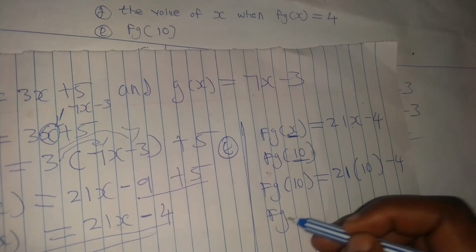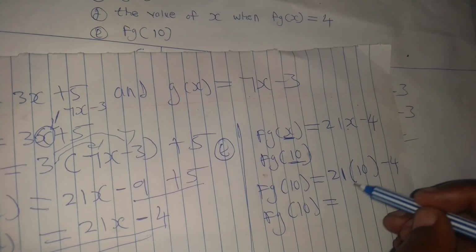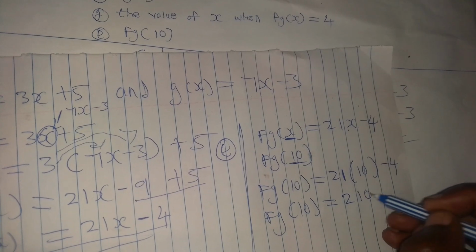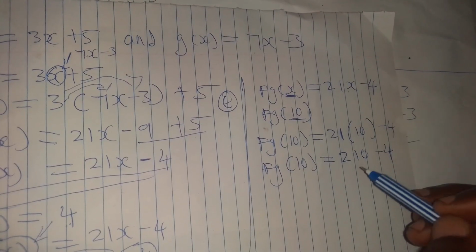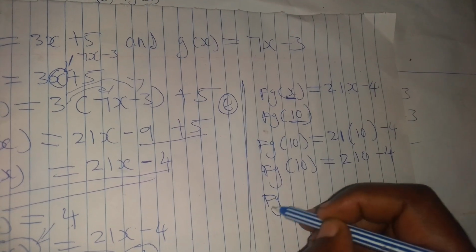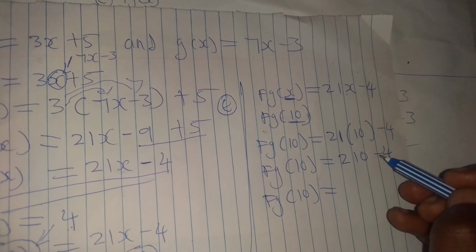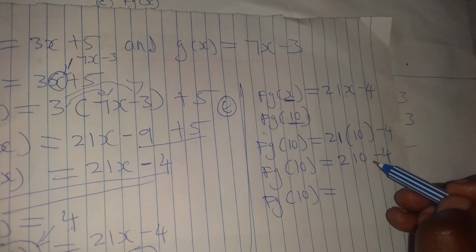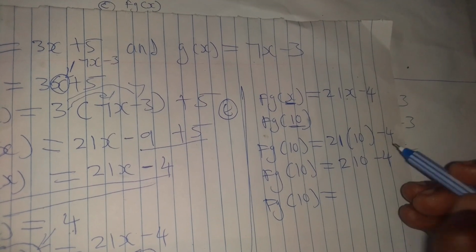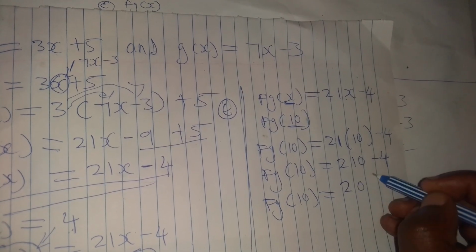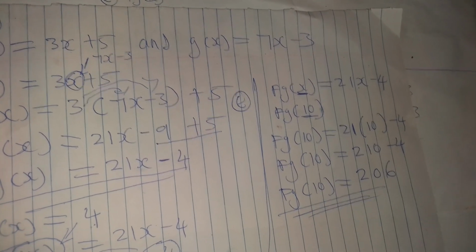Then fg 10 is equal to 21 times 10, you get 210 minus 4. So 21 times 10 is 210. Then fg of 10 equals, in 210 you take away 4, you get 206.